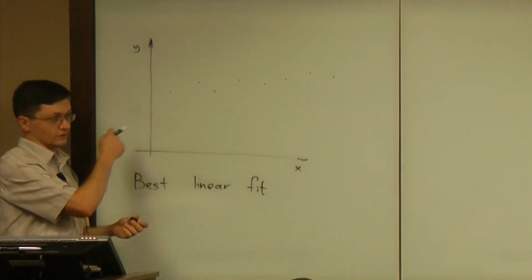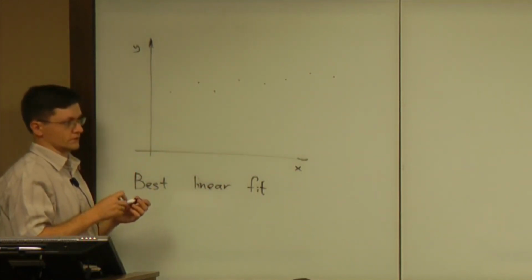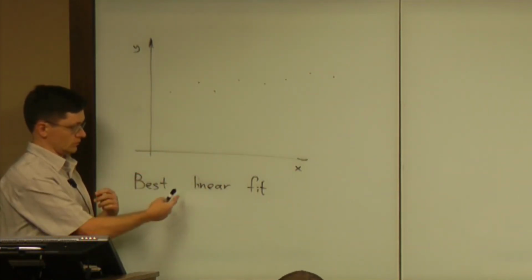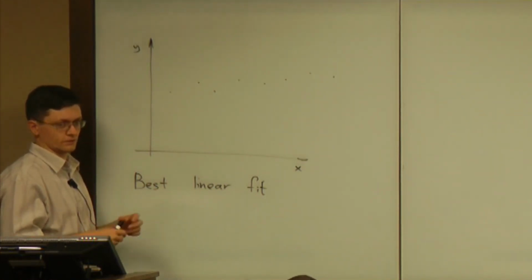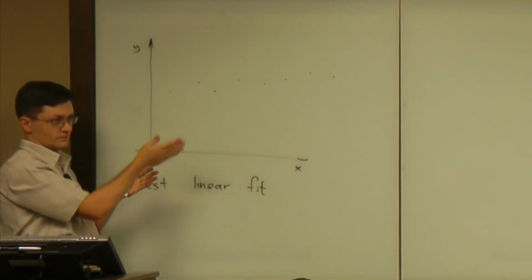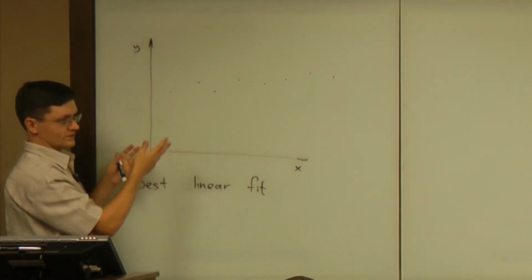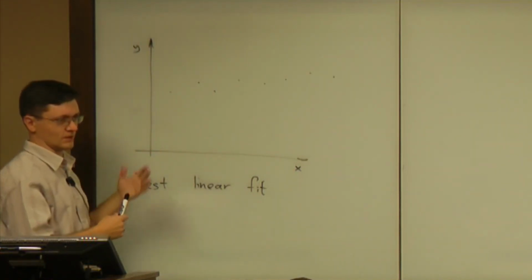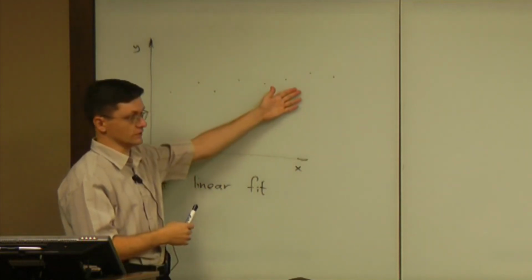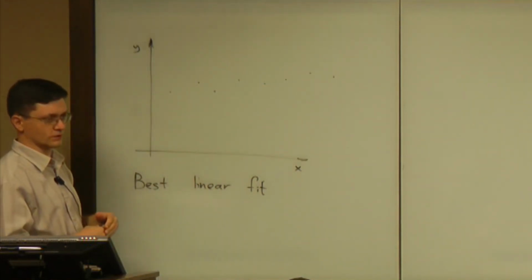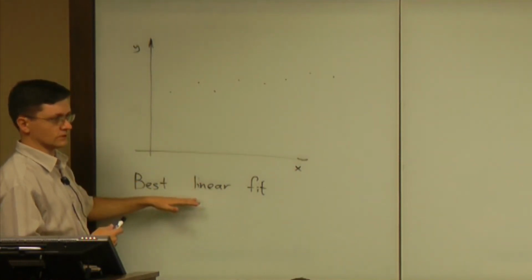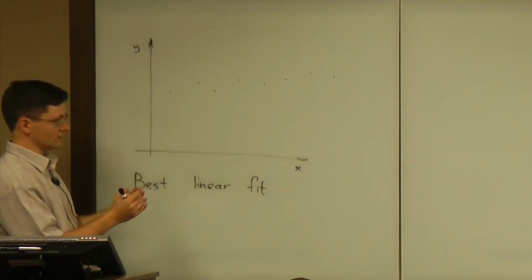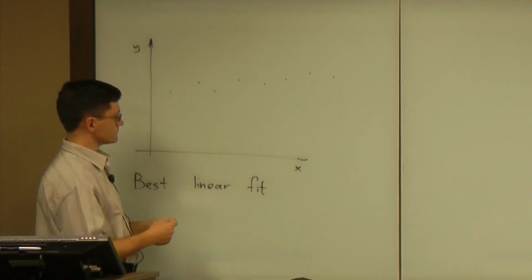Because you are asking for a line. If you were to ask about a parabola, that would be best quadratic fit, or best exponential fit, or whatever you see that seems to be a parabola, exponential function, or linear. Well, you try to fit that data into this narrow class of functions.